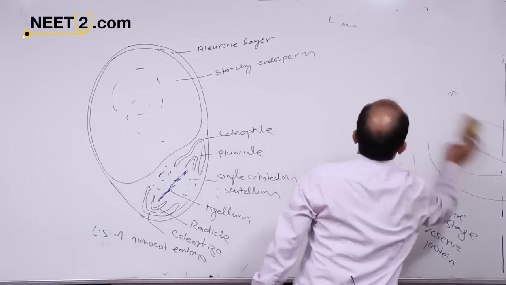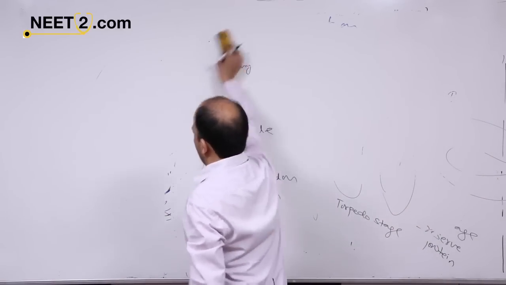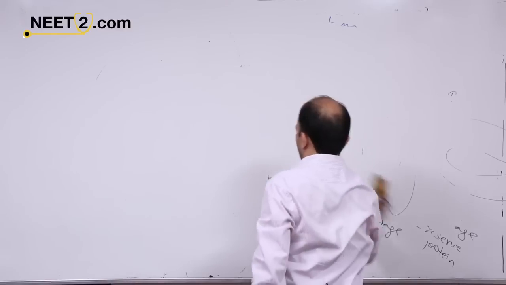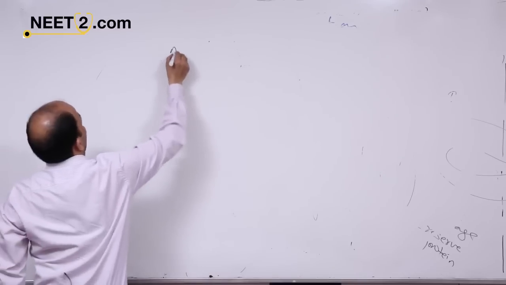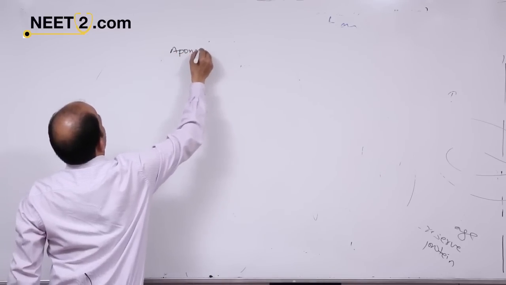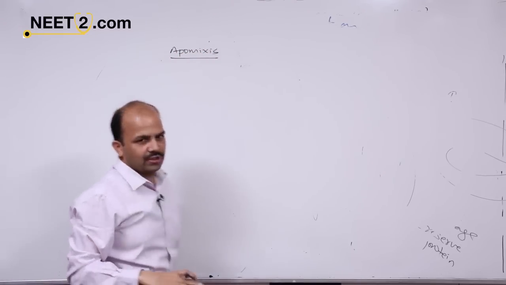Next, some small articles are present in this embryology, like you will find apomixis. Apomixis means, apo means without, mixis means fusion.